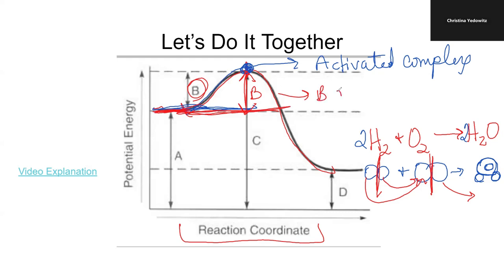B is known as the activation energy. It's the amount of energy it takes to get from the amount of energy that the reactants have to the point where this reaction will actually happen. Your bonds are breaking and reforming.